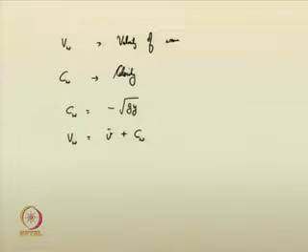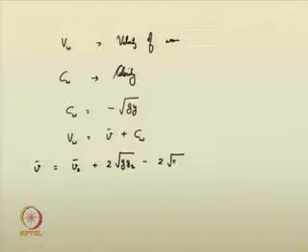Just substitute this quantity in the previously derived equation, V bar is equal to V2 plus 2 root g y2 minus 2 root g y.